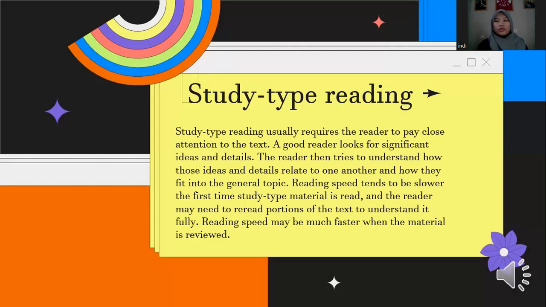Reading pace tends to be slower the first time study type material is read, and the reader may need to reread portions of the text to understand it fully. Reading pace may be much faster when the material is reviewed.